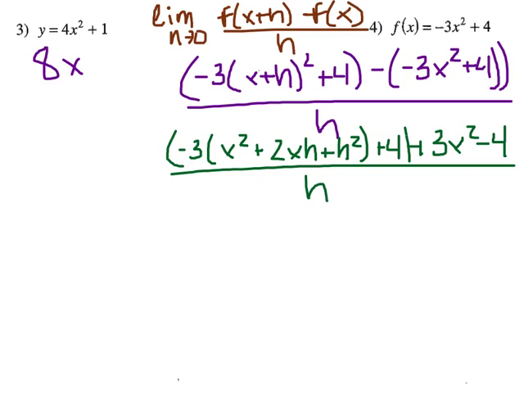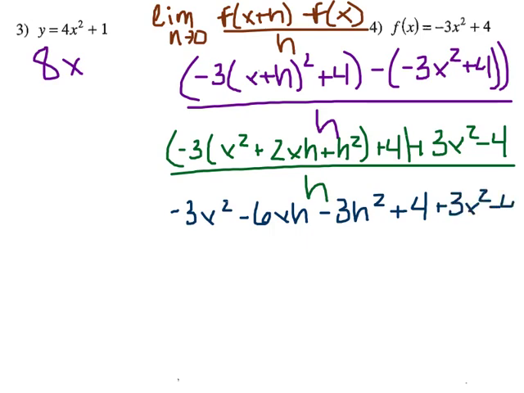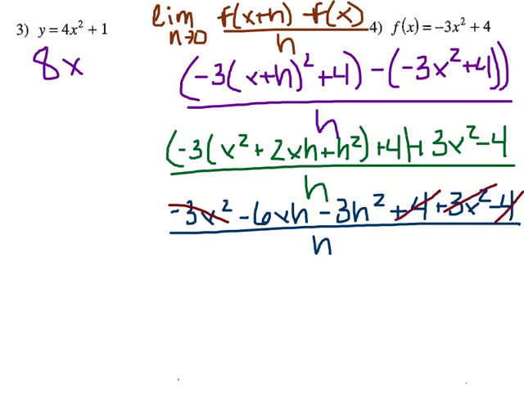We'll distribute out that negative 3 now, and we get negative 3x squared minus 6xh minus 3h squared plus 4 plus 3x squared minus 4 all over h. Do some simplifying. Negative 3x squared and positive 3x squared will cancel out. Positive 4 and negative 4 will cancel out.